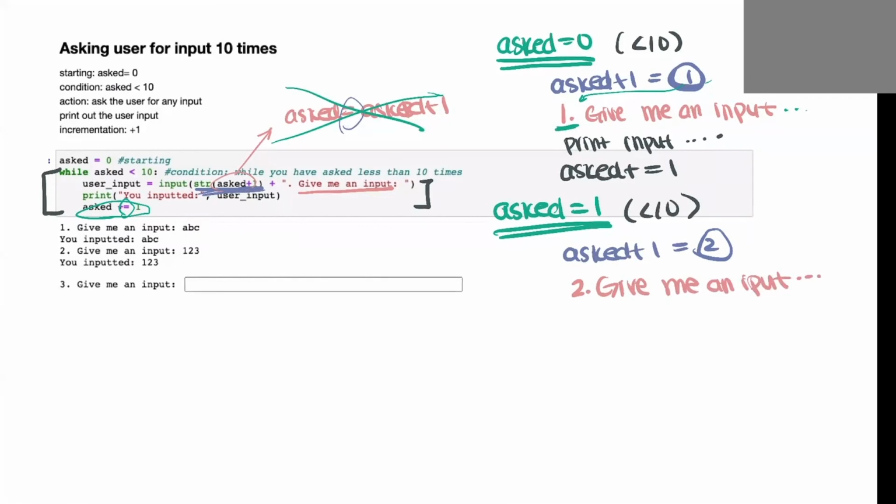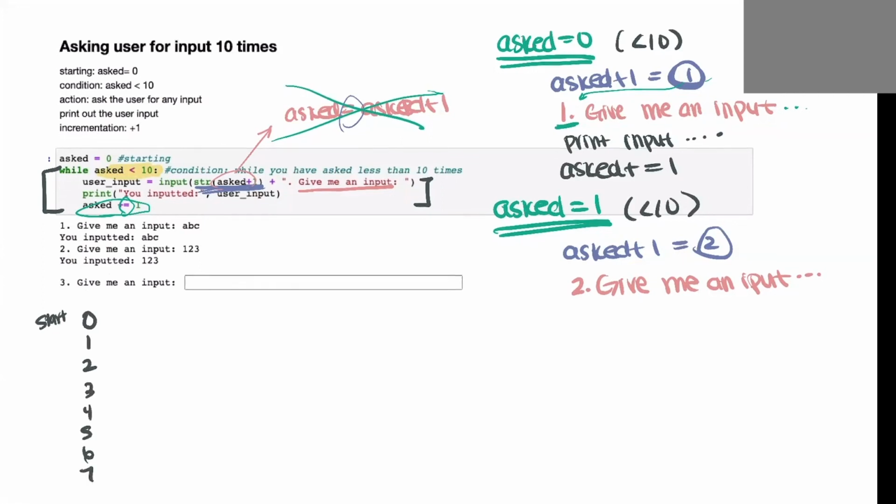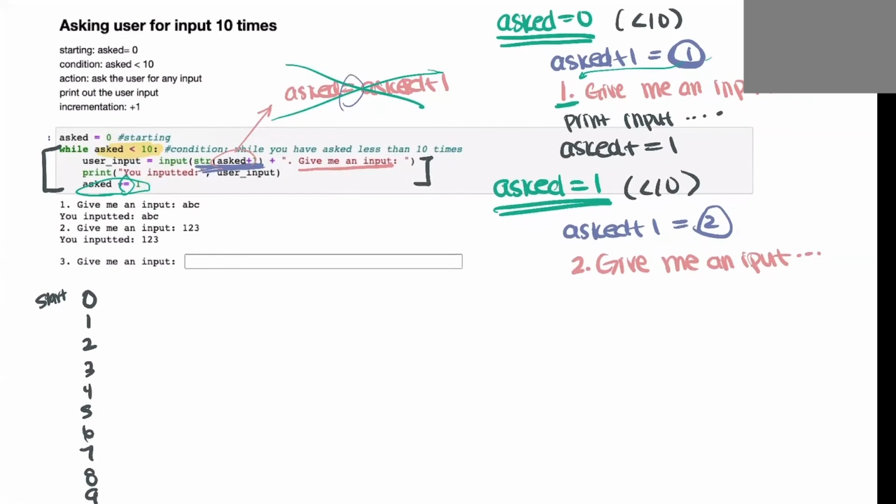So just in case some of you might be confused why I use less than 10 and not less than or equal to 10, think about how many times this should run. We start with 0, and then we have 1, 2, 3, 4, 5, 6, 7, 8, 9.